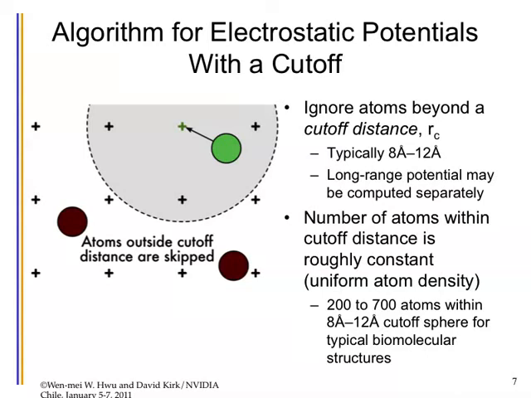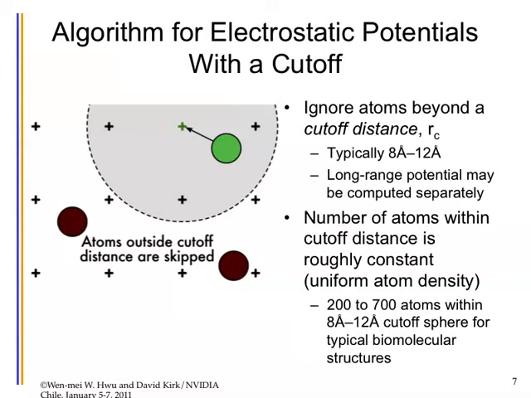This is a domain decision, so if you are processing a different kind of scientific data, you need to use your own domain knowledge to determine the cutoff distance. The number of atoms within the cutoff distance is roughly constant, because with a fixed cutoff distance, you have a fixed volume of atoms that can affect each grid point.